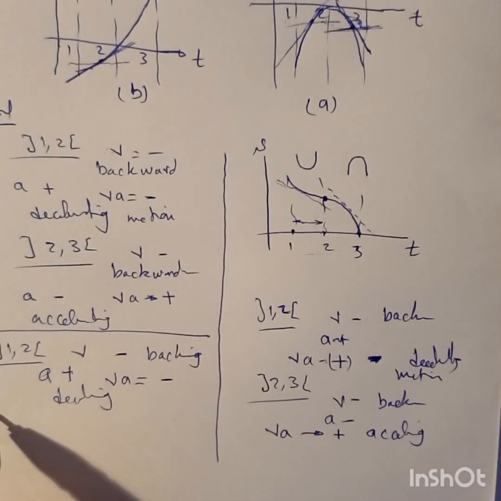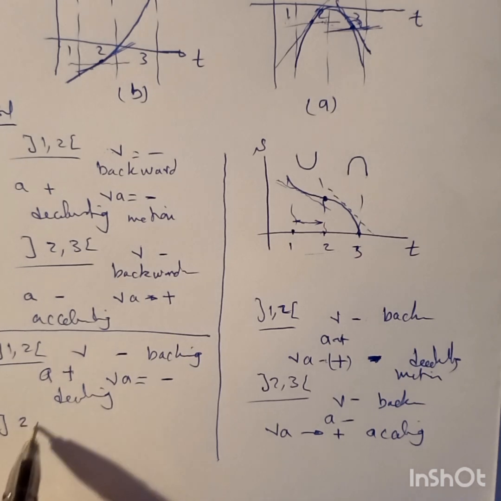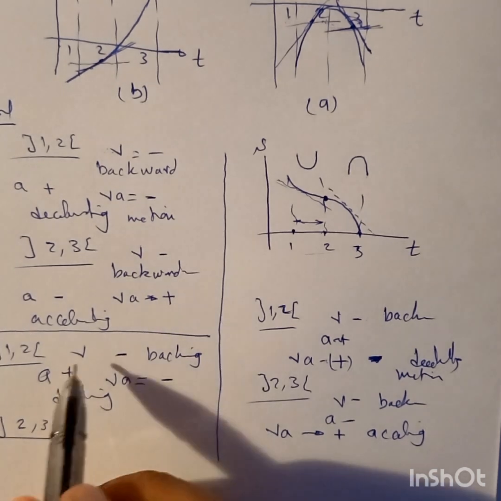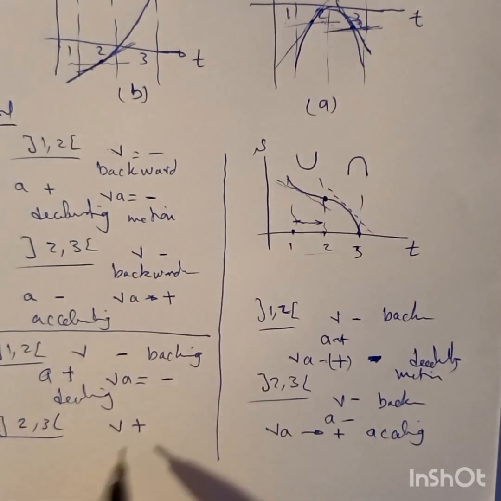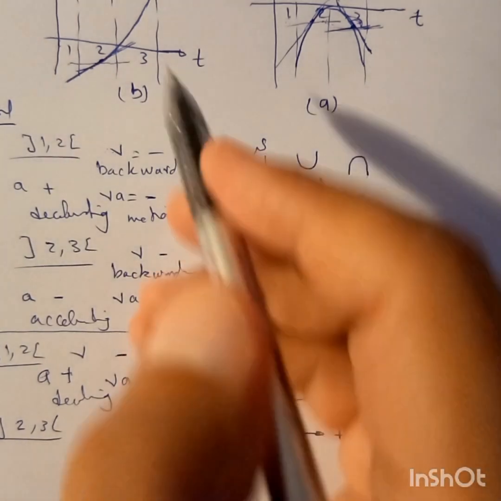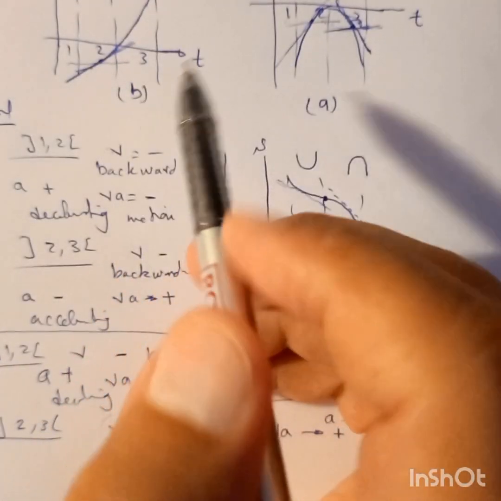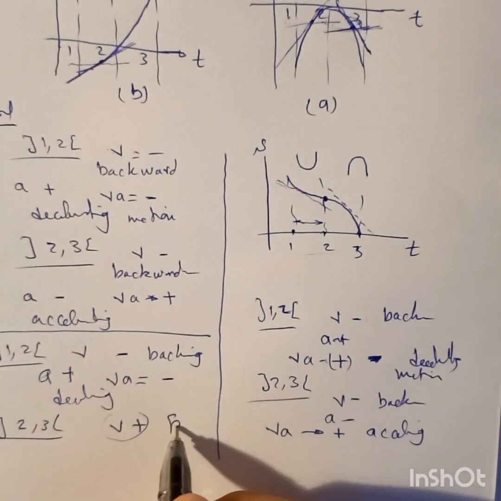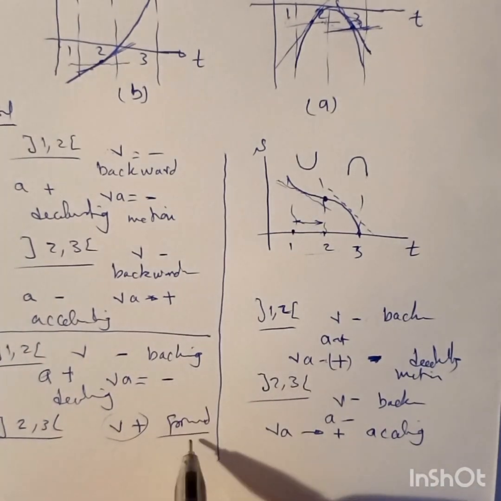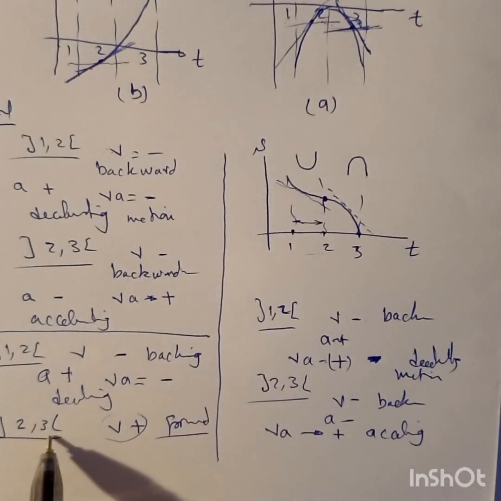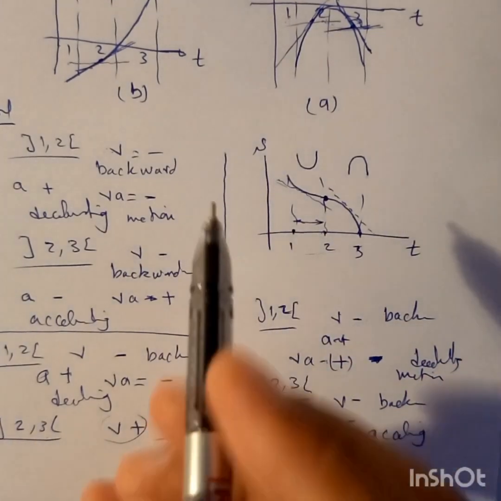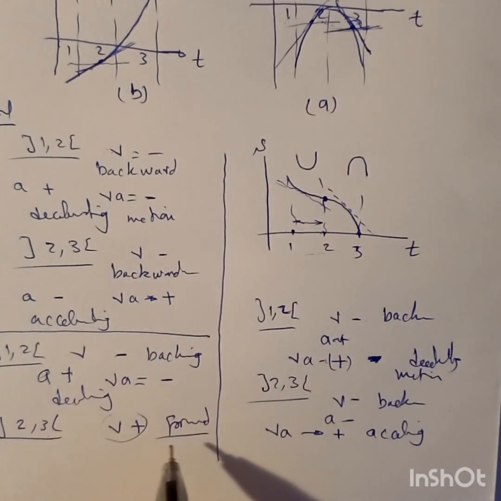Okay, during the time interval from 2 to 3, we have to check the sign of velocity. Here velocity is positive as the curve is above the x-axis, then motion is forward. And this is not the same as the given curve, as during 2 to 3 in the given curve, velocity is negative, then the motion is in the backward direction.